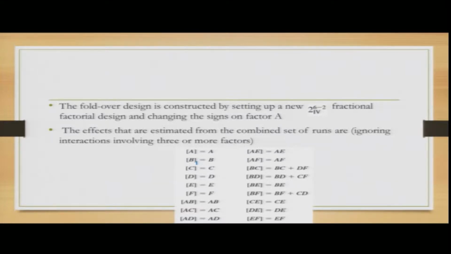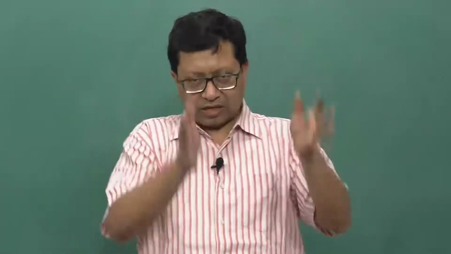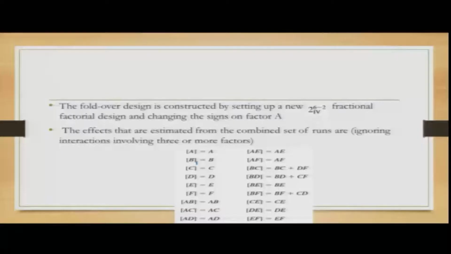The effects that are estimated for the combined set of runs are, so we are ignoring the interactions involving 3 or more factors. Basically the combined effects would be A and AE, then B and AF. What I am talking about is the two sets at which levels you will consider. One set, or one bucket of effects, would be A, B, C, D, E, F, AB, AC and AD.